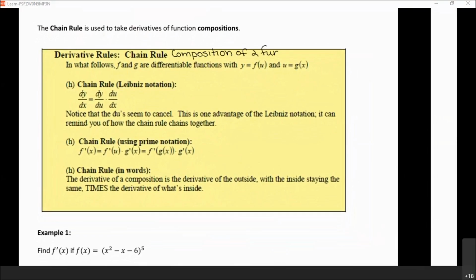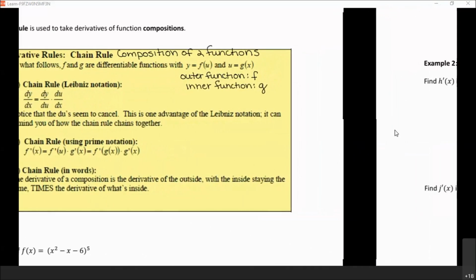All right, that's when you need the chain rule. And this notation up here says we've got a composition called y where the outer function is f and the inner function is g. The way they're showing that here, they're saying y is f of u where u is g of x.